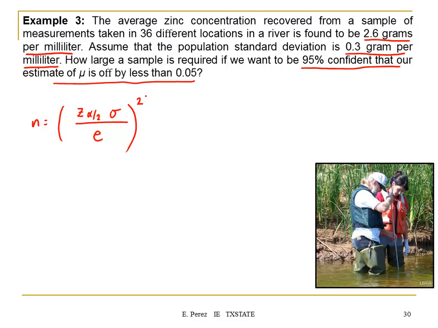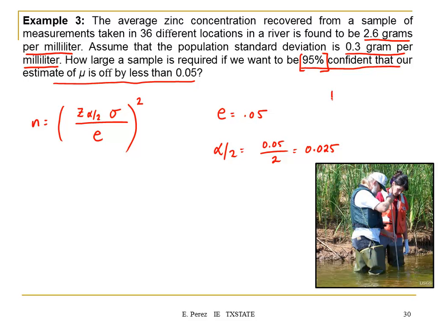So we know the value of E, that's 0.05, and we are looking at a confidence interval. So that alpha half equals 0.05 divided by 2, which is 0.025.